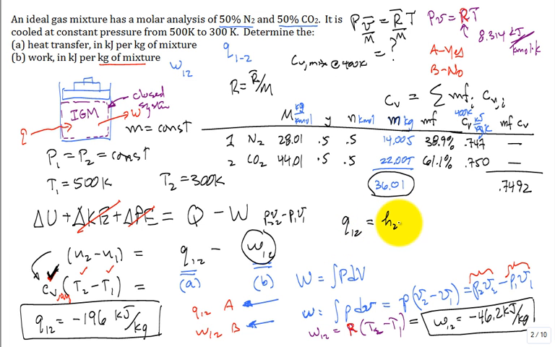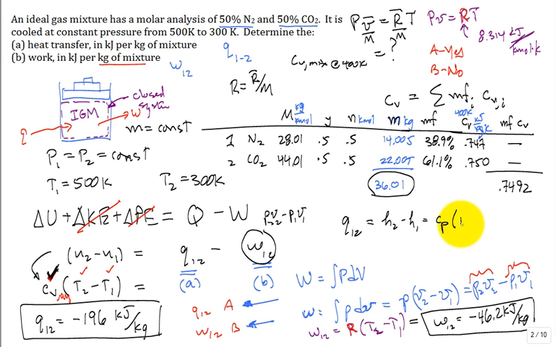Is that dusting off a little shells? You see, oh yeah, I've seen that before. So when I have heat transfer into a closed system at constant pressure, and it can expand or contract, then the amount of heat transfer is proportional to the change in the enthalpy, which is C sub P times T2 minus T1.